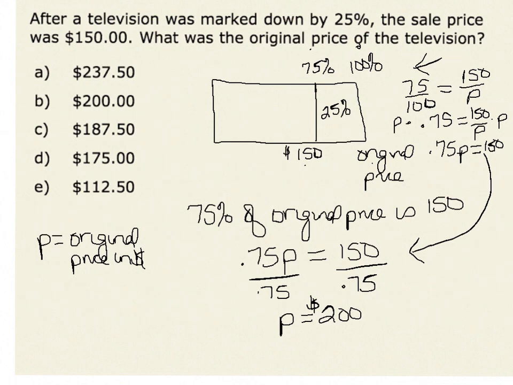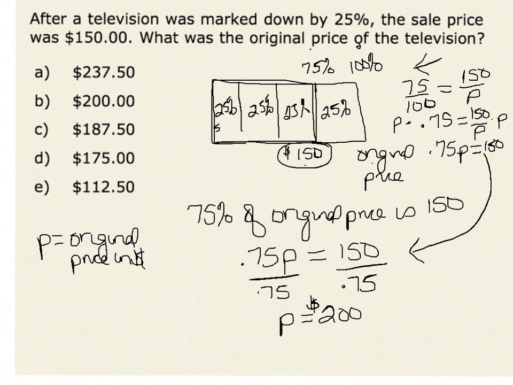Finally, one last way that I could have solved this problem is I could have recognized that within my diagram there are 4 25% segments. Three of those, or 75%, represents $150.